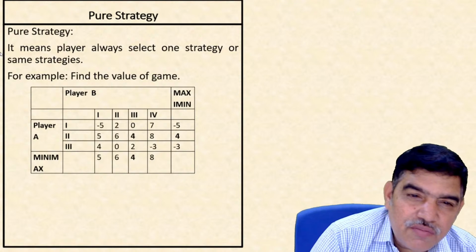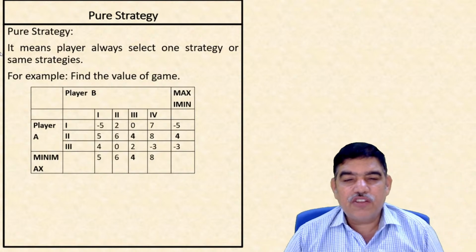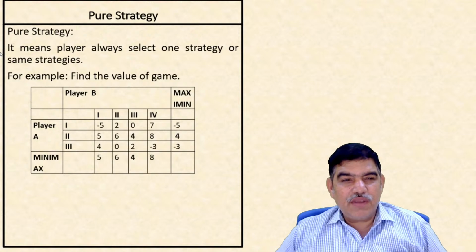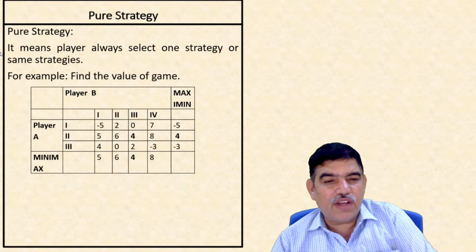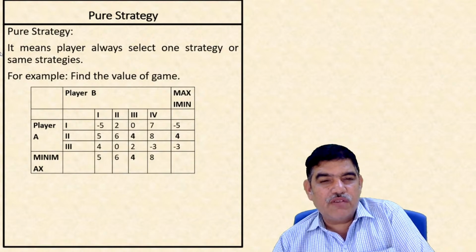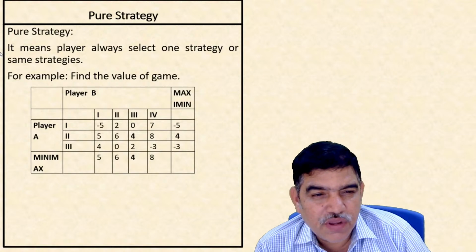After finding the minimum values, we have to calculate the maximum value. Among -5, 4 and -3, the maximum value is 4. Similarly, for player B, column wise, for strategy 1 we calculate the maximum value, which is 5, among -5, 4 and 5.